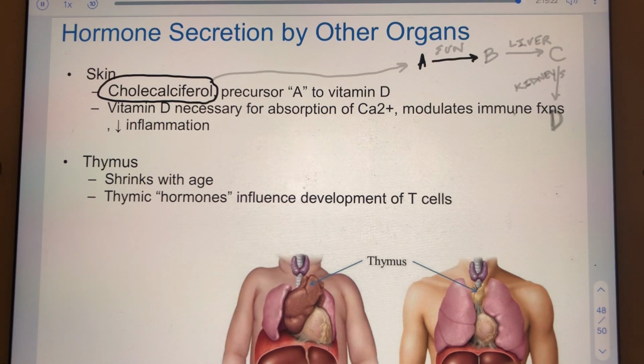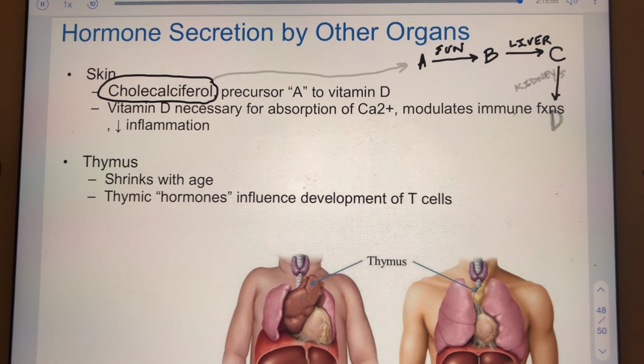No. And when it's exposed to sunlight, it gets converted into B. B is picked up by the bloodstream and taken to the liver. I can hear all of my previous 241 students just finishing my sentences. Adorable. Into, let's call it precursor C. Is it actually called precursor C? No!